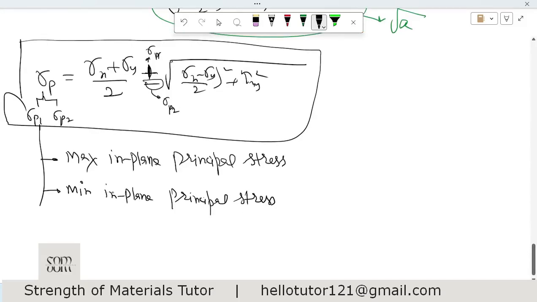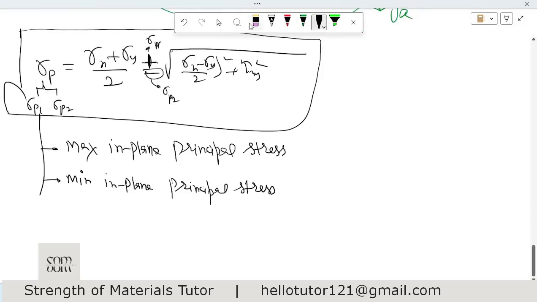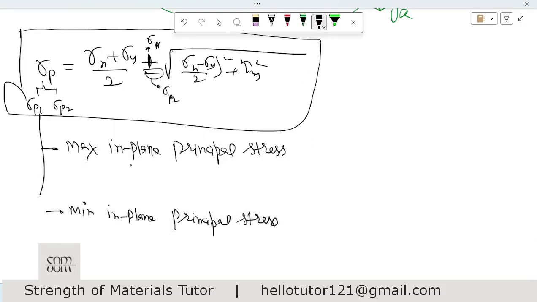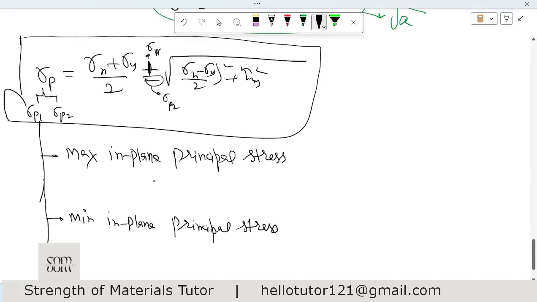Okay, so what is the value of this thing? Wait, let me put it a bit down. So we have two values. Now what is the maximum principal stress?